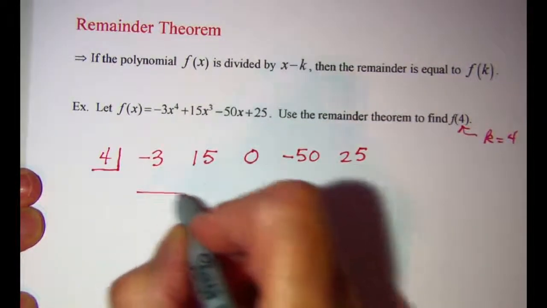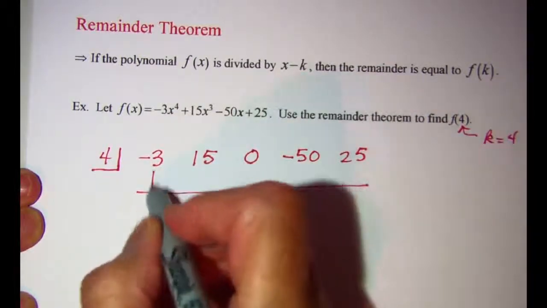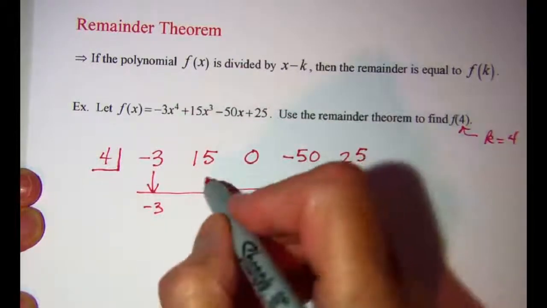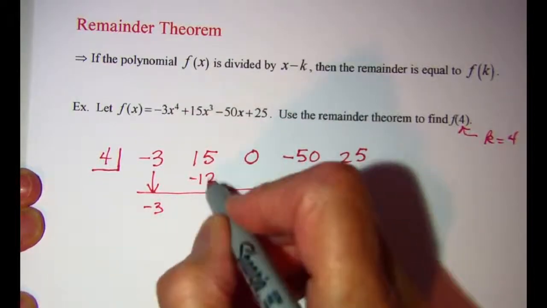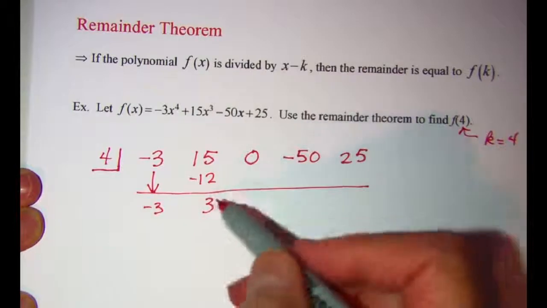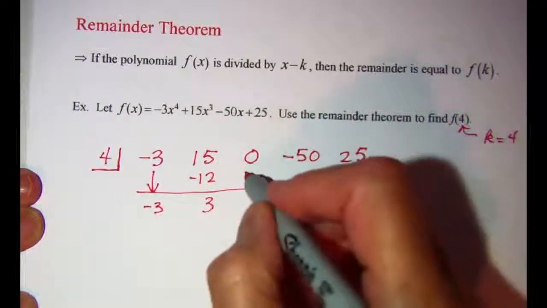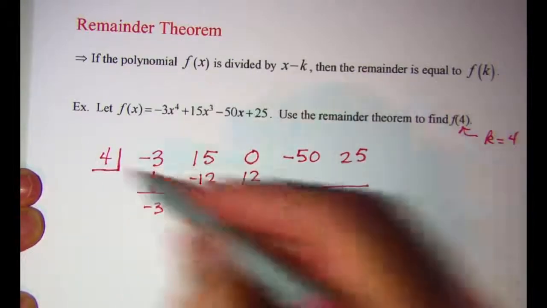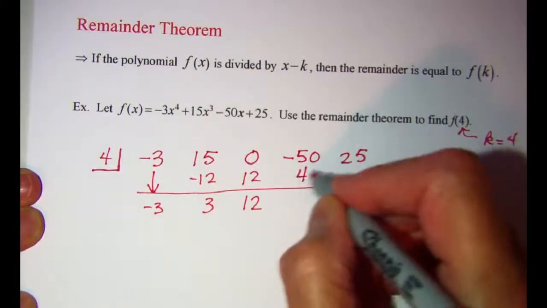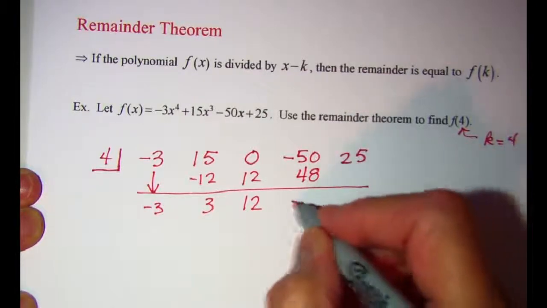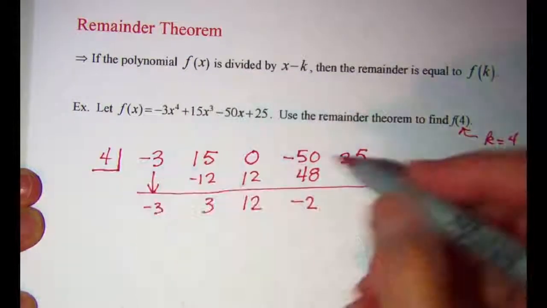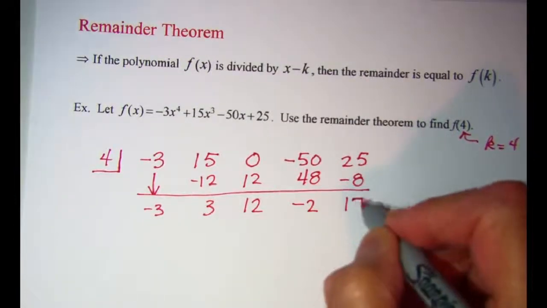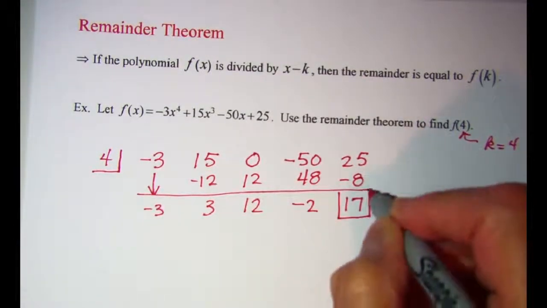Right, I'm just going to do synthetic division, bring down my first number. It's negative 3. Multiply that by 4 and get negative 12. Add these numbers together. Multiply, add, multiply, add, multiply, and add, and this is my remainder.